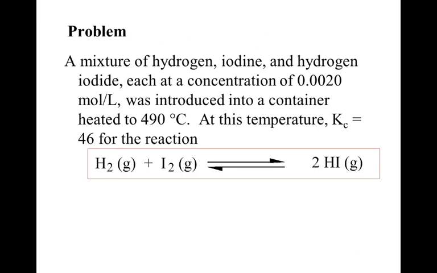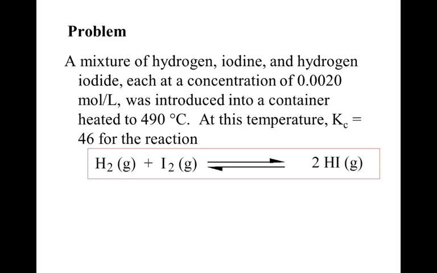So let's look at an example. Let's read it carefully and make sure we know what's going on here. We're given molar concentrations of all three of these gases. They all happen to be 0.0020 moles per liter.